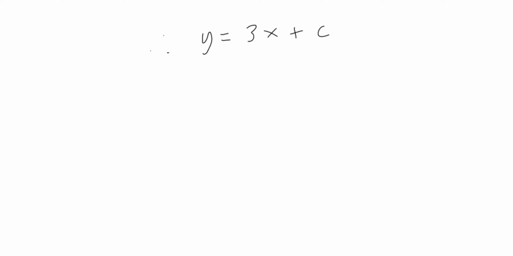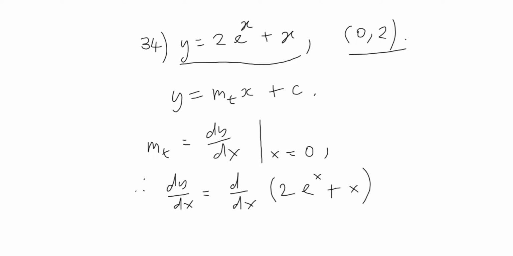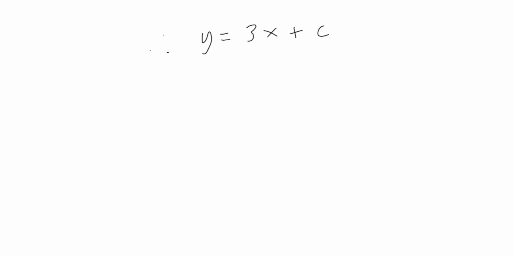We still have to calculate the y-intercept of this tangent line. To calculate c, we have to use the given point, 0, 2: x coordinate 0, y coordinate 2. We use this point to find c.